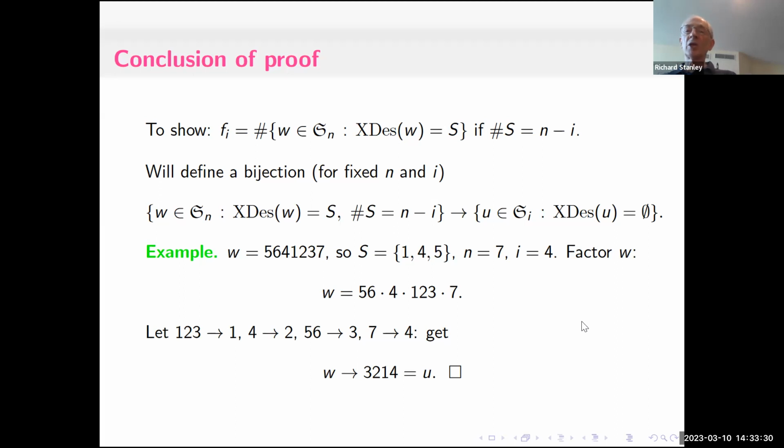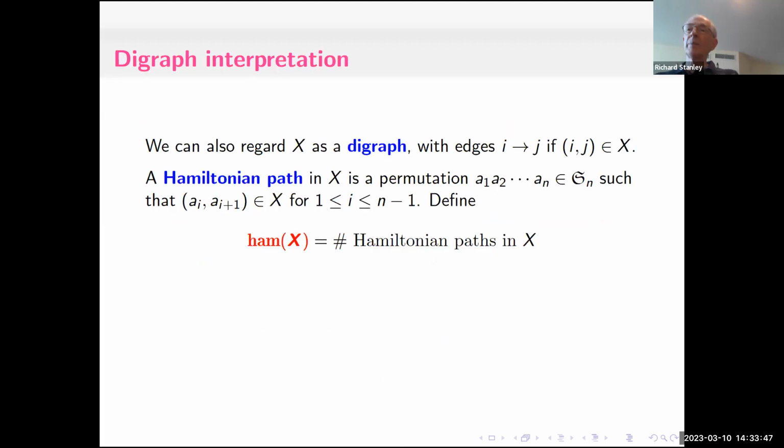And it's very easy to check that this has empty succession set, no successions, and we can just reverse all these steps. So that's the bijection. Okay, any questions about that? It also has a nice q-analog, which I won't discuss here.